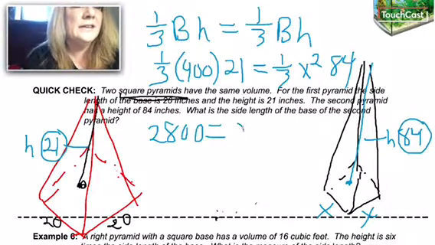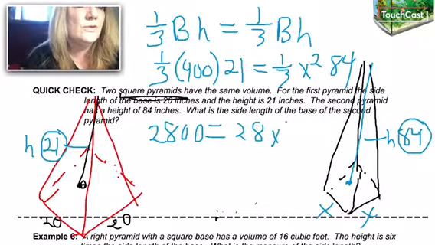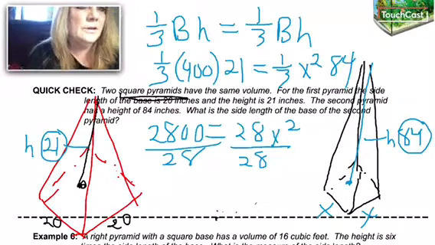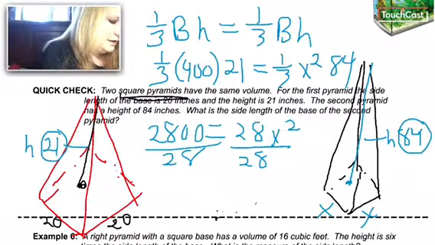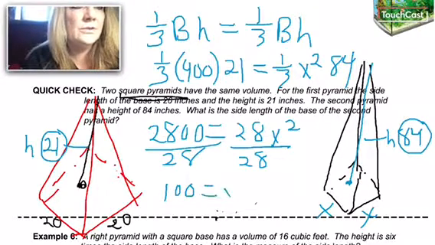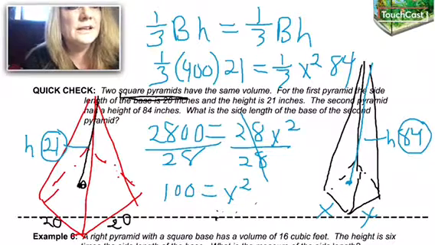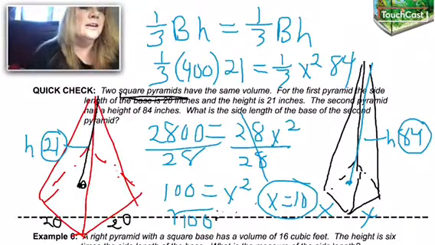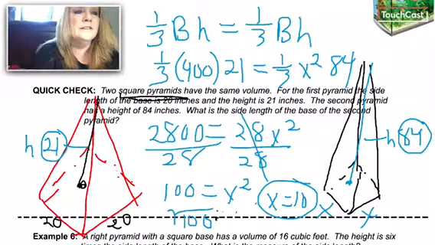So I have 28x squared. So I'm going to divide both sides by 28. 2,800 divided by 28 leaves me 100 is equal to x squared. And if we take the square root of 100, we get 10. So x is equal to 10. So on the tall pyramid, the side lengths are 10 inches.